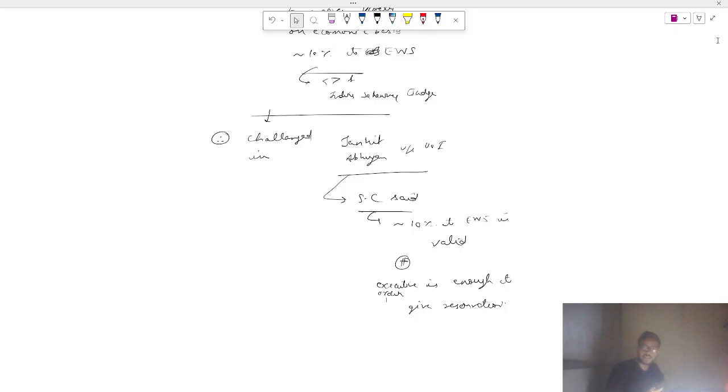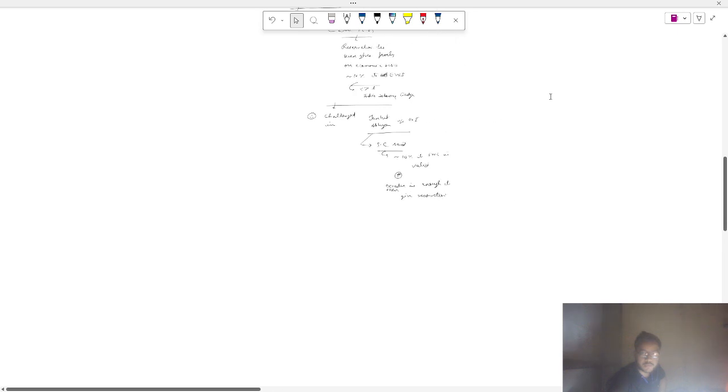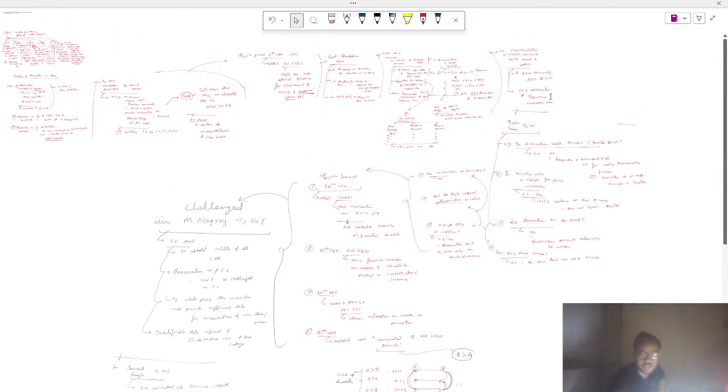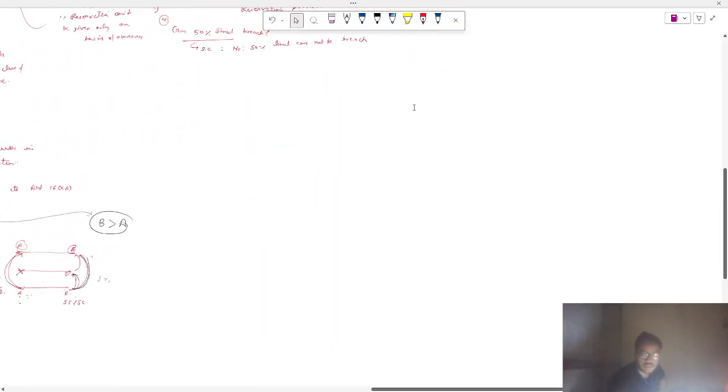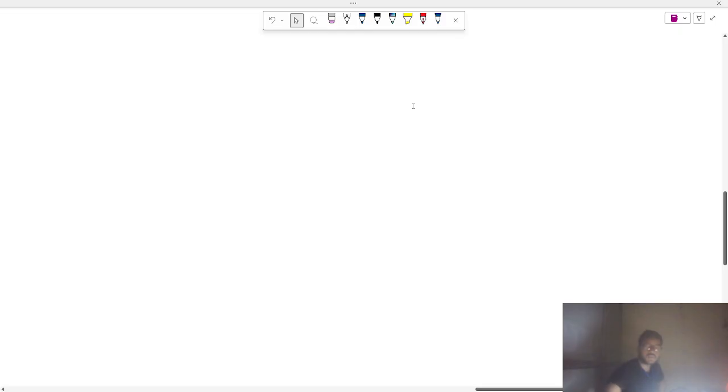So now we have discussed reservation in all aspects in government jobs, in the seniority principle, in the legislature and other cases, but we have not discussed reservation in educational institutions. So let's discuss the educational institution now.